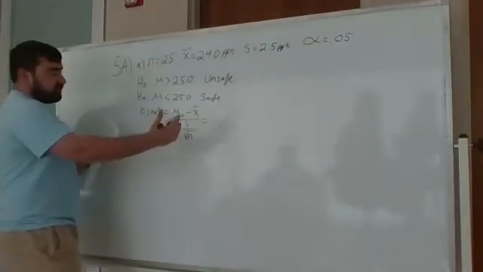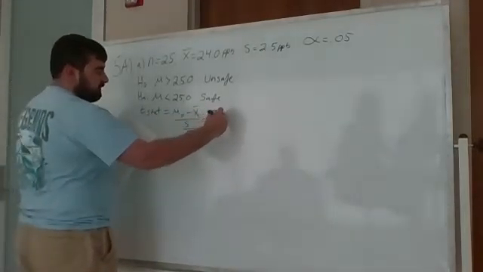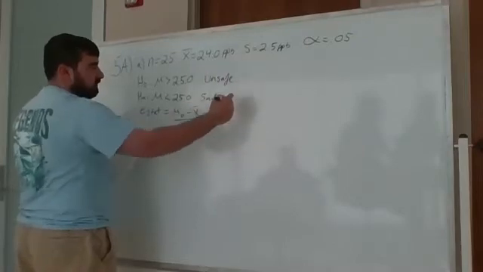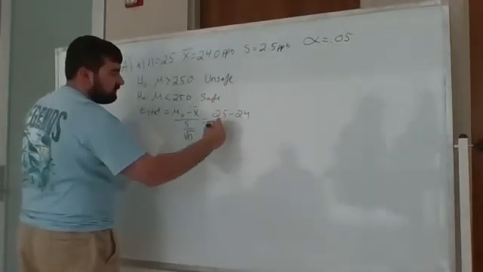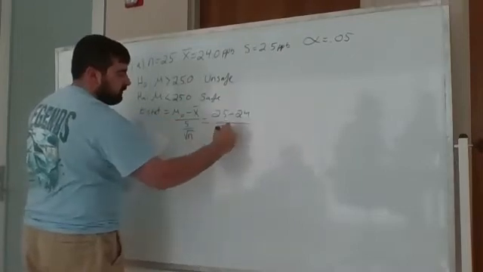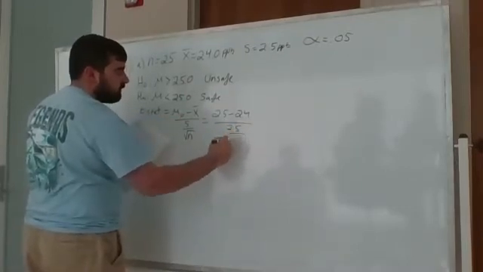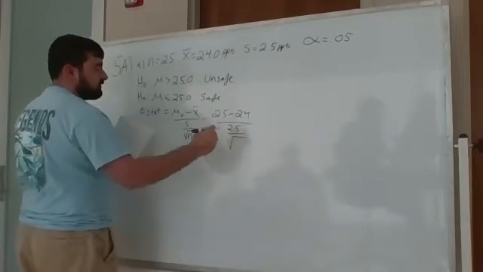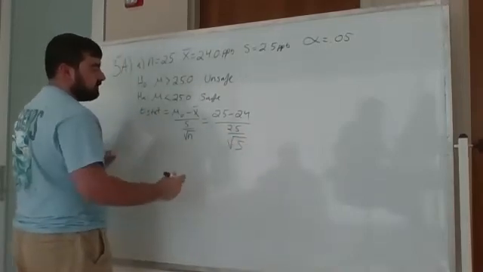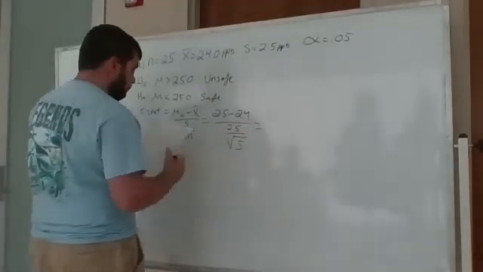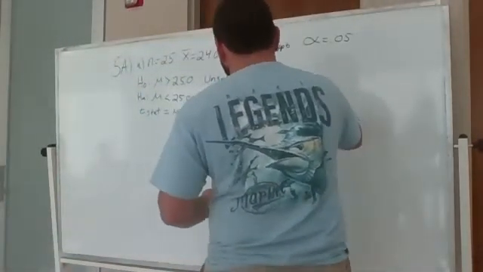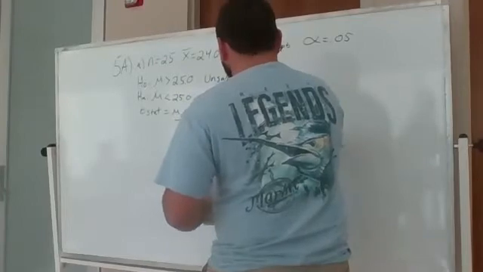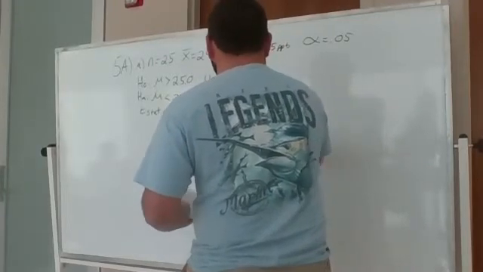And so to find our T statistic, we would just do 25 minus our X bar of 24, which is this specific sample's mean, then 2.5 over the square root of our N, which is 5. When you work this out, this is 1 up top divided by, I did 5 because that's what the square root of 25 is.